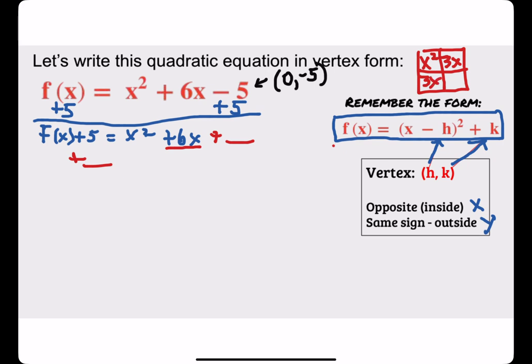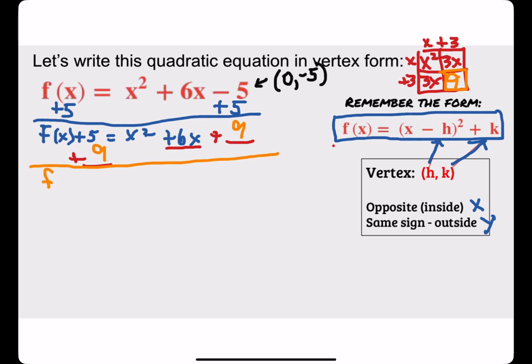And that gives me x squared factors to x and x, and I have to multiply by +3 to get 3x. And 3 times 3 is 9. That is my perfect square. So I fill in the perfect square blank with 9 and 9 on the other side as well.